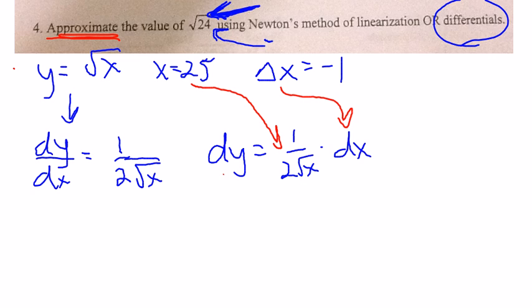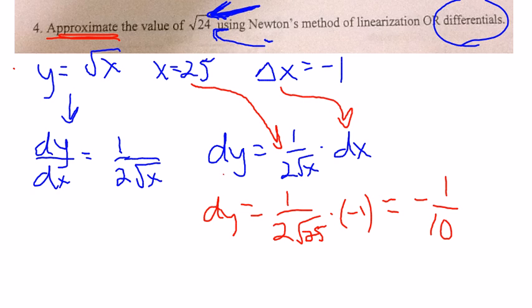So I'm going to get dy equals 1 over 2 root 25 times negative 1, which gives me 1 over 2 times 5, which is 1 over 10, and then it's negative, so it's negative 1 over 10. And that's 0.1.